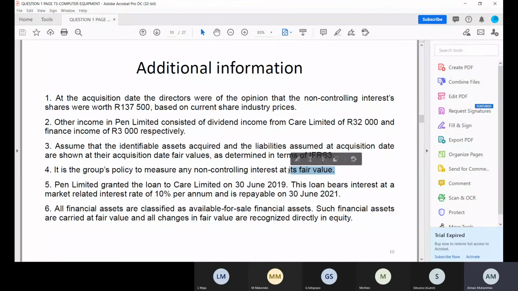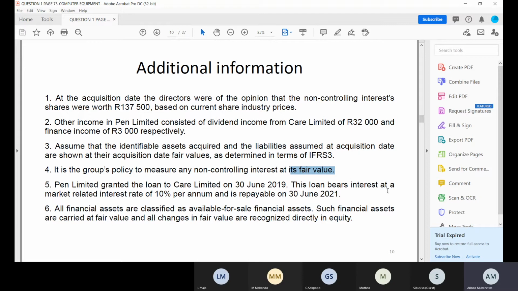So we're not going to use the proportionate share method as we used in class example number 1, which we did on Monday. We're going to use this fair value of 137,500.